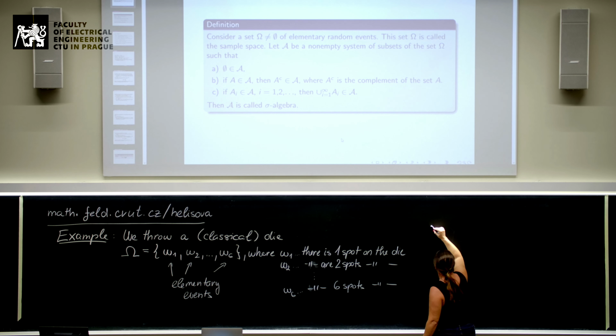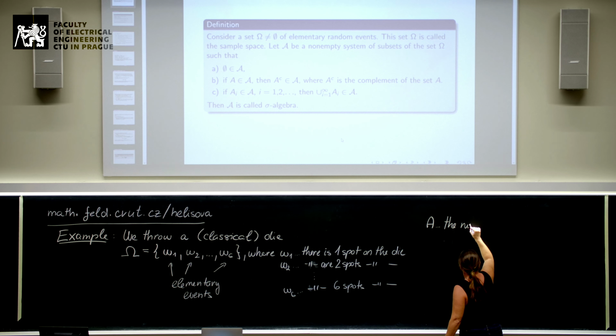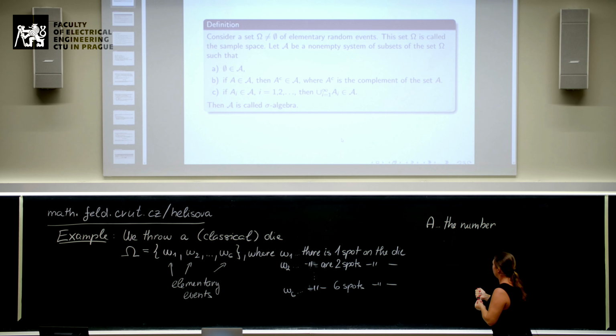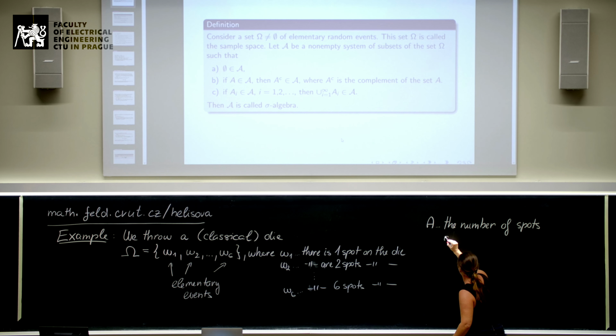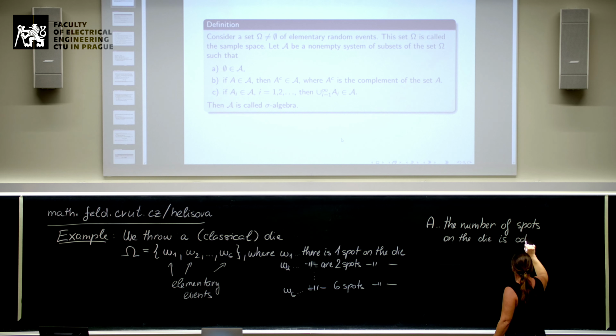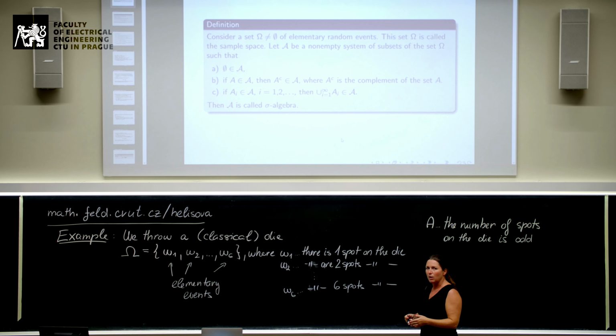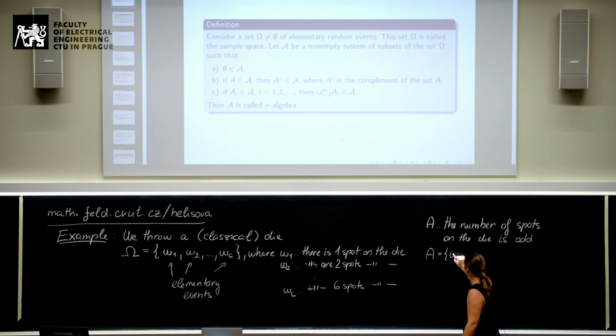Let's denote this event A: the number of spots on the die is odd. What does that mean? It means that the number of spots is either 1 or 3 or 5. So, in fact, A is a set of 3 elementary events, omega 1, omega 3, omega 5.